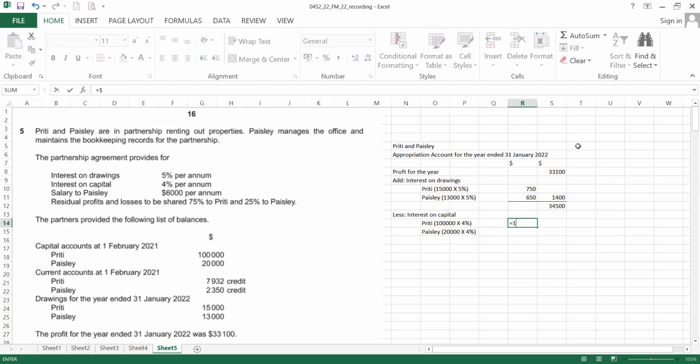So this one we have 100,000 times 4%, 20,000 times 4%. This is the amount that we get for interest on capital. After that, we have the salary. Salary for Parsley is 6,000 per annum. After that, no more.